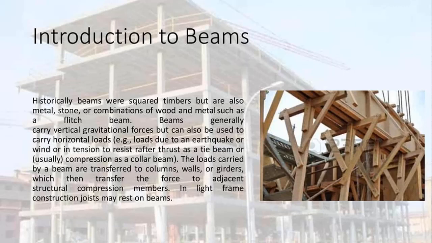The loads carried by a beam are transferred to columns, walls or girders, which then transfer the force to the adjacent structural compression member. In light frame construction, joists may rest on beams.